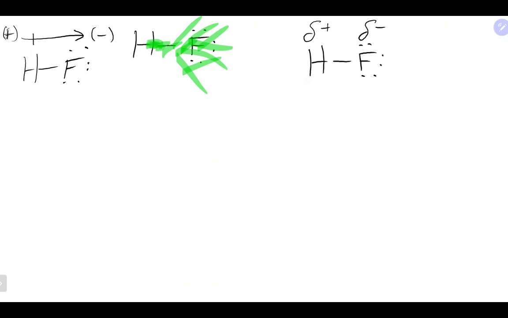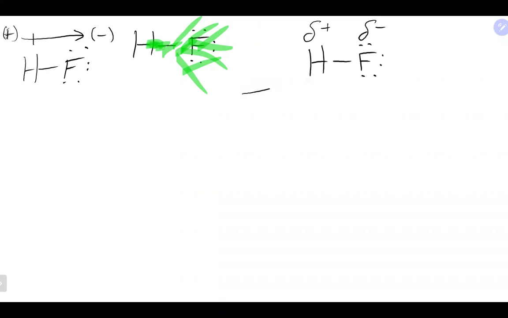Because they are still being shared, we don't get the complete transfer of charge like we get in an ionic compound. In the ionic compound, the electron fully transfers from the metal to the non-metal, resulting in a positive metal and a negative non-metal. In the case of a covalent bond like this, because it's still holding on to those electrons, we only create partial charges here.